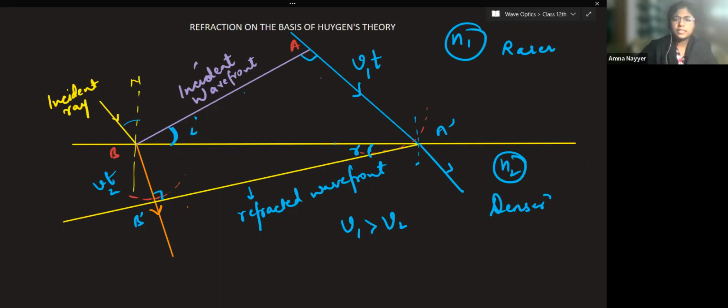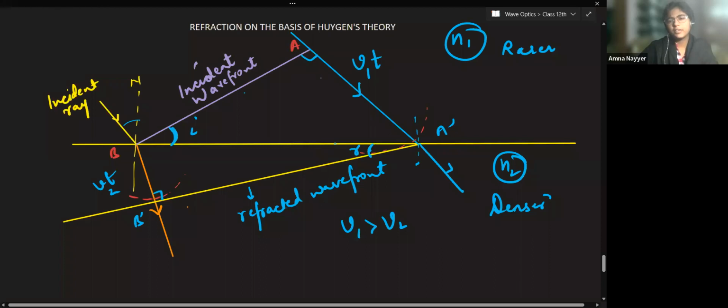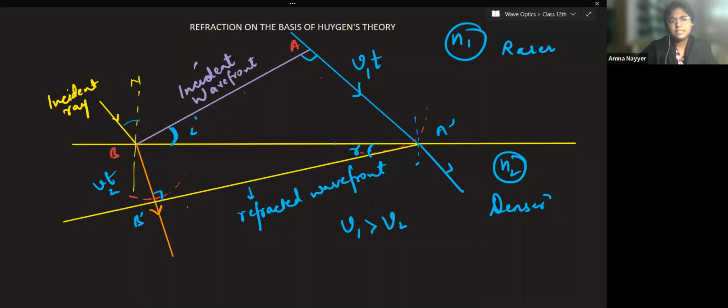So I think the rest of the things I have told you. Refracted wavefront is also there, incident wavefront, incident ray. This is the refracted ray. This ray is the refracted ray. Now, in this triangle which you see, BAA dash, see what will be sin I? Sin I will be perpendicular by the hypotenuse. Perpendicular is this AA dash, that is V1T, and hypotenuse is BA dash.